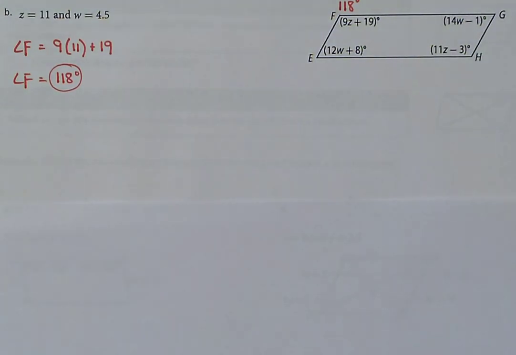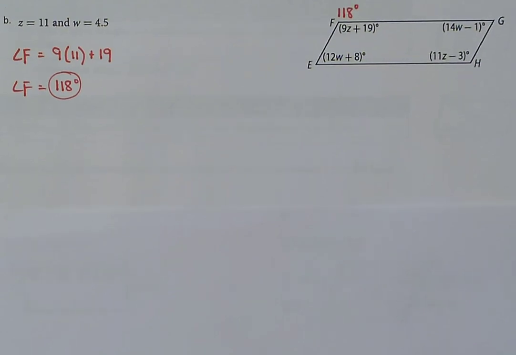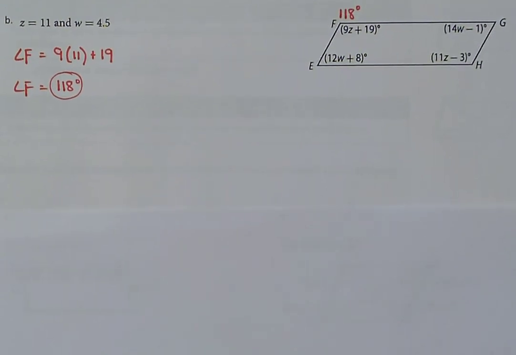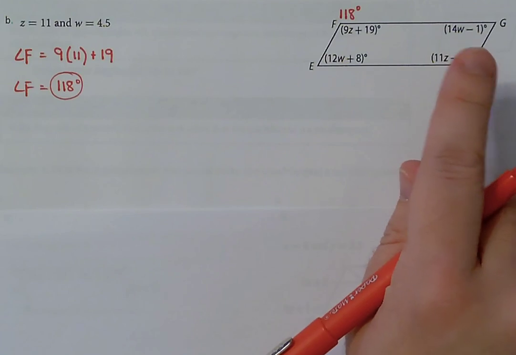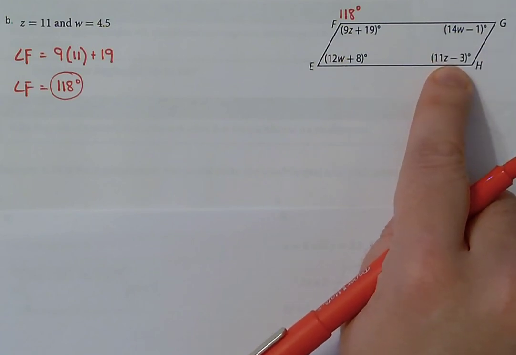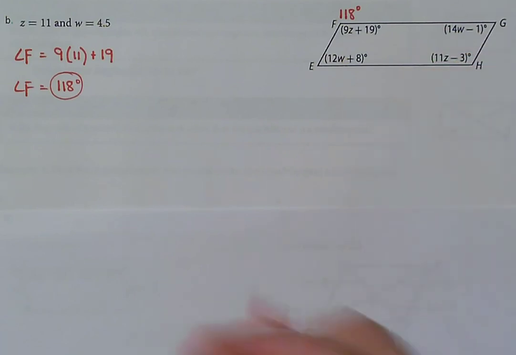All right, next, the other expression that involves Z is in fact H, and for H, it's 11Z minus 3, so that means we're going to do 11 times 11 minus 3.